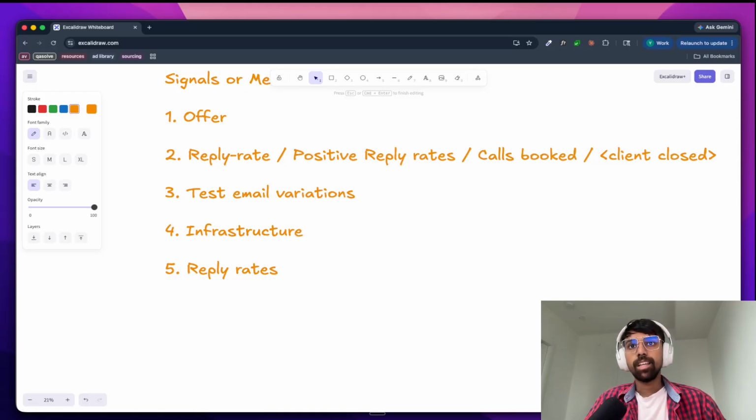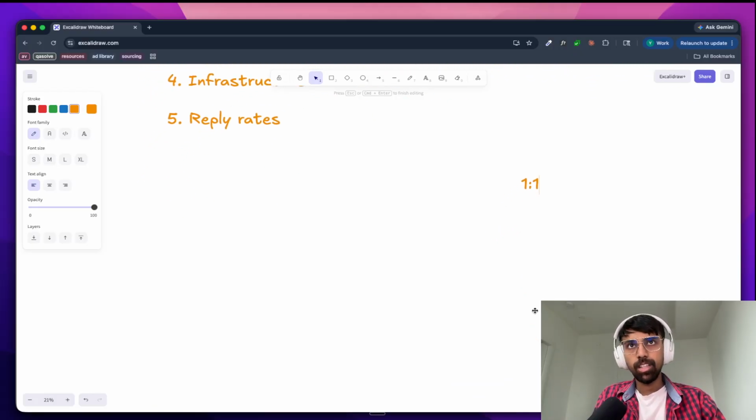The fifth thing is the reply rates. So if you're used to handling 5 replies, 5 leads a week, or 5 calls a week, and we suddenly 3x the cold email, or we suddenly scale up the winning offer or the winning email, you'll have a sudden influx of new leads, because it's almost always a 1 to 1 ratio when you scale up something that's working.